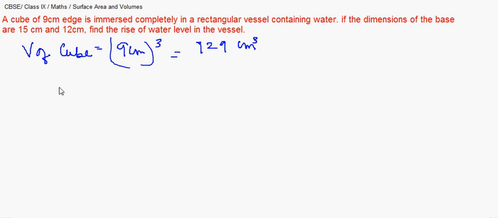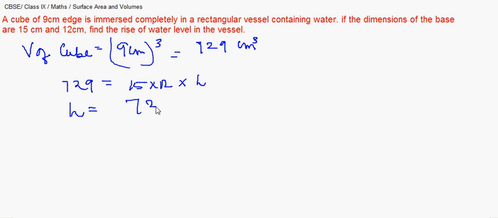This should be equal to the volume of the water rise. That means the water which is replaced will have a length, breadth and height, and the height of the water level rising is to be calculated.